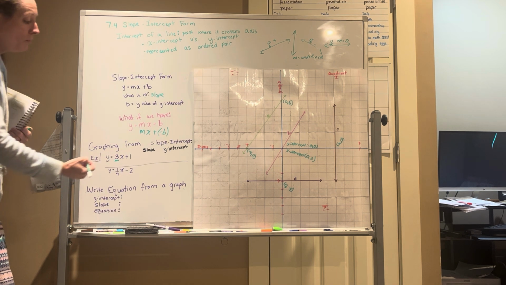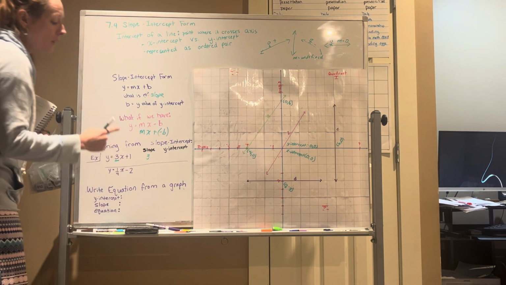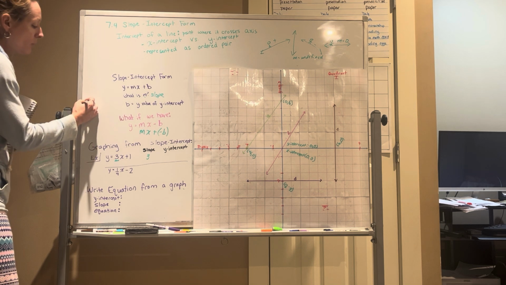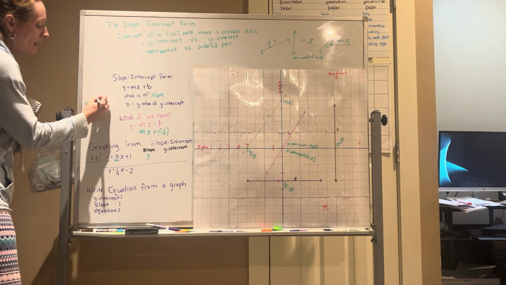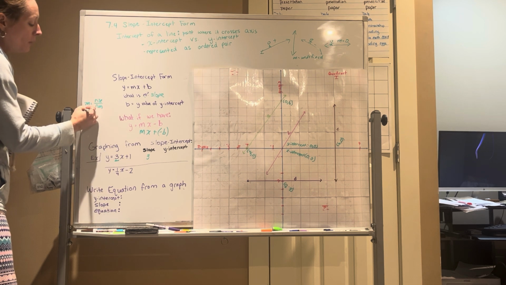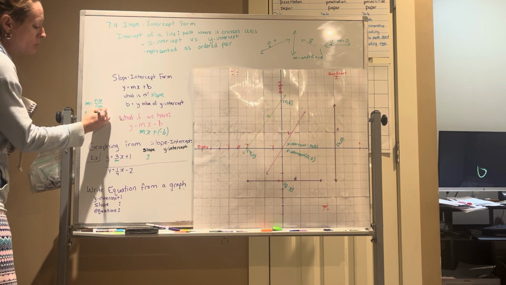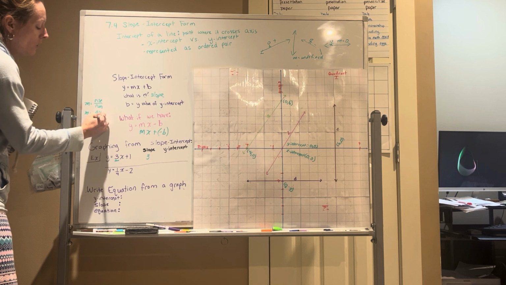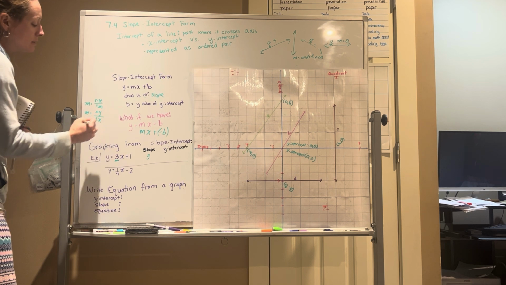You find the slope, which is 3, and remember, slope equals rise over run. Another way to think of it is slope equals change in y over change in x.